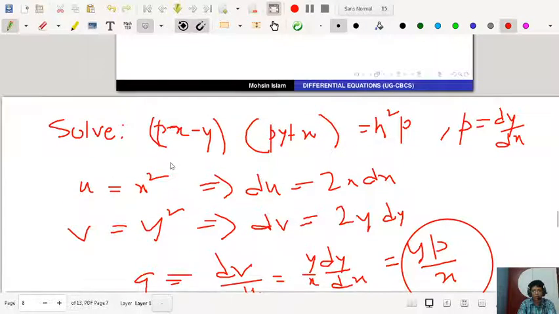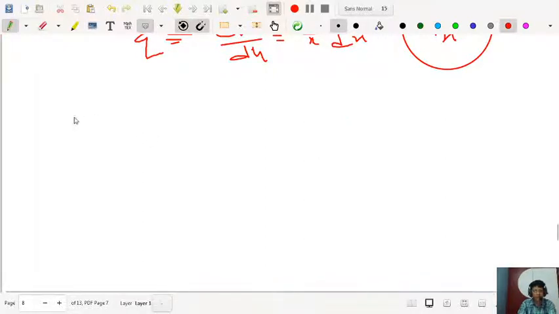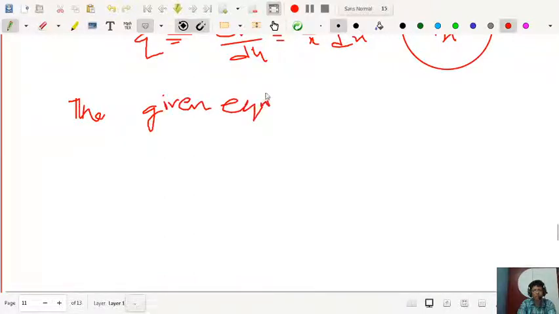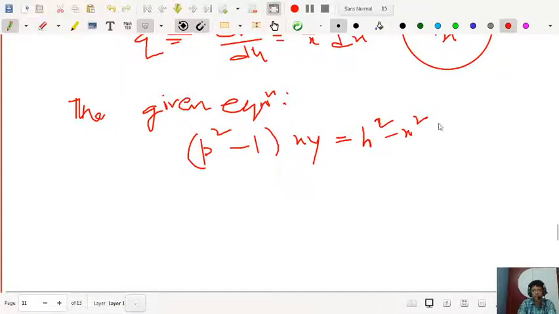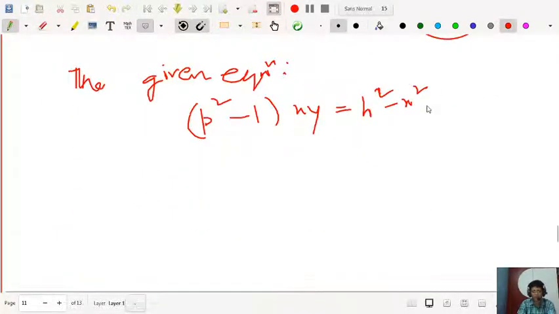Now your given equation can be written as, if you expand, (p square minus 1) into xy equal to h square p, h is a constant, look at that, you have an h here, so if you multiply you will get this type of relation, plus y square into p, okay.